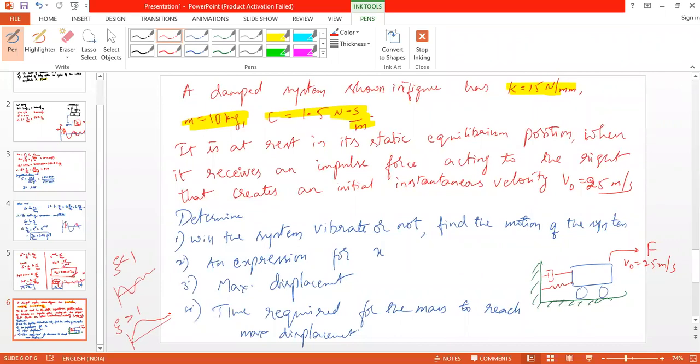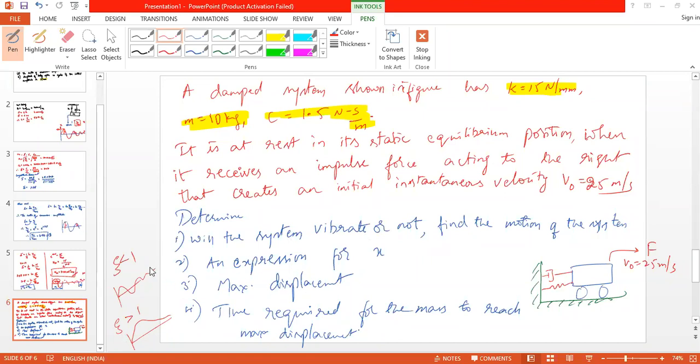Is it clear? Yes, sir. So I need to find the value of zeta so that we can say the system will vibrate or not. And then I need to find the expression for x.